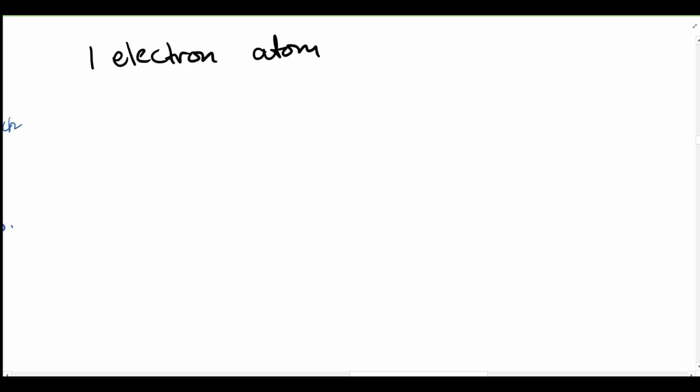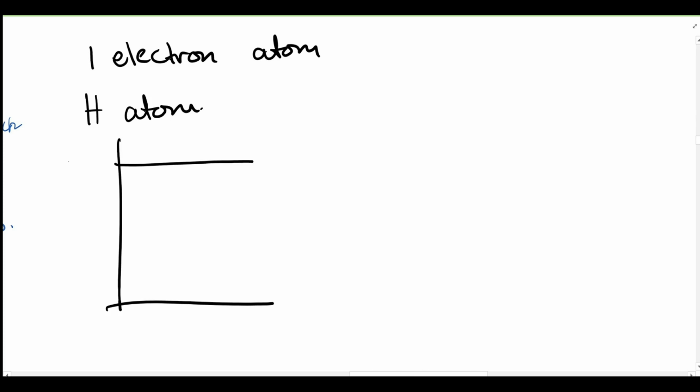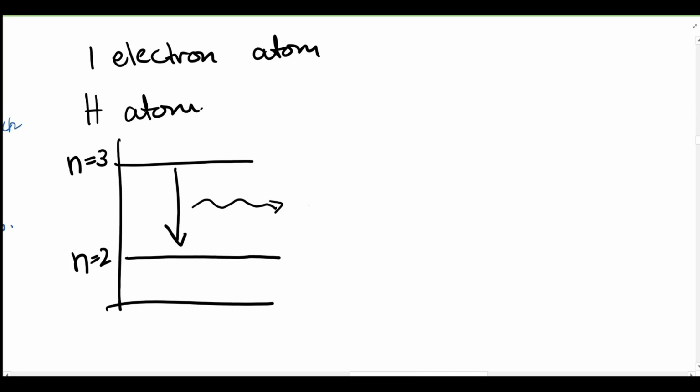So if I have a hydrogen atom, where an electron goes down from, say, n equals 3 to an n equals 2 state, what is the energy of the photon, as well as the wavelength of the photon, that is being emitted?